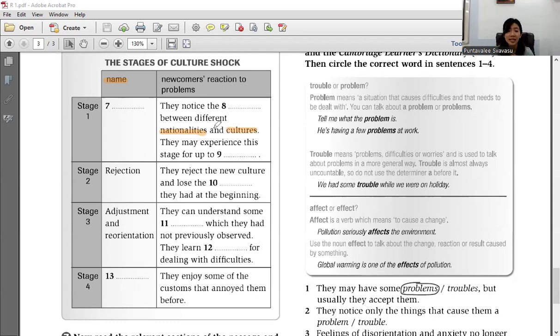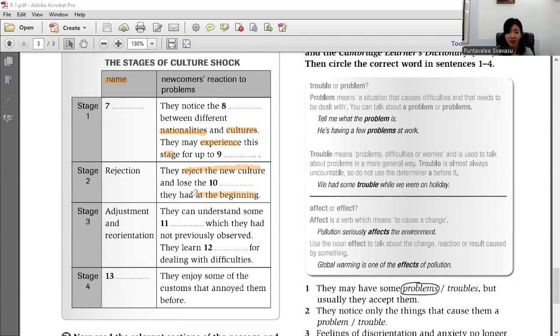For question 9, I might say experience this stage. Number 10, I would say reject new culture and had at the beginning right here. So these are the 2.